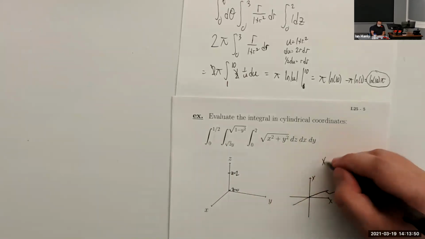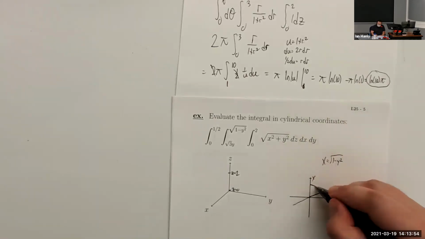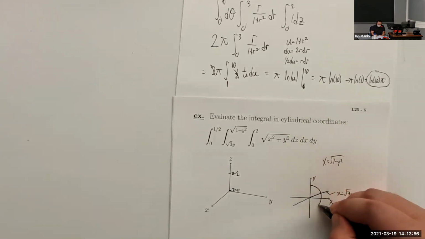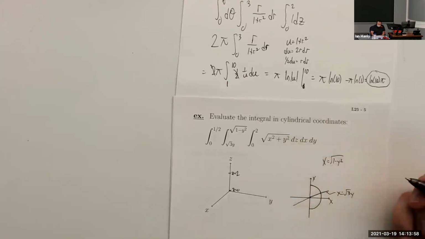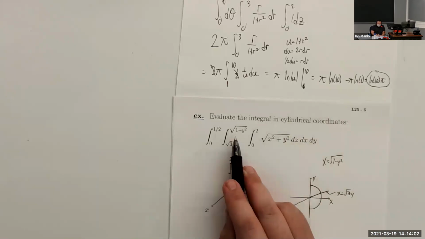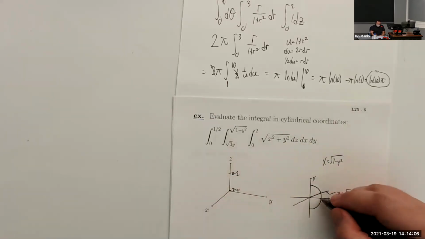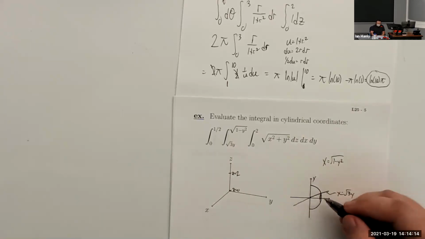So x equals √(1 minus y squared) is going to look like this right here. Okay, now since this was the upper bound for our x, then that means that we're doing potentially all of this right here.